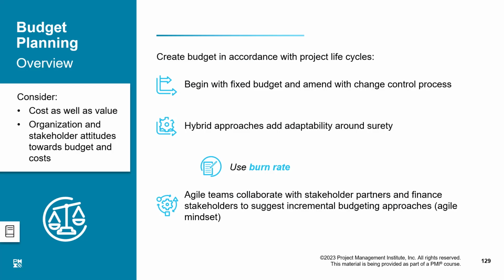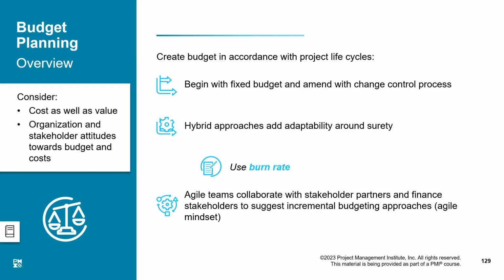But in a pure agile method, we will have agile teams collaborate with stakeholders, partners, and finance stakeholders to suggest incremental budgeting approaches. Incremental budgeting approaches is specific to agile. Again, just to remind you that in agile, we do not plan everything upfront.